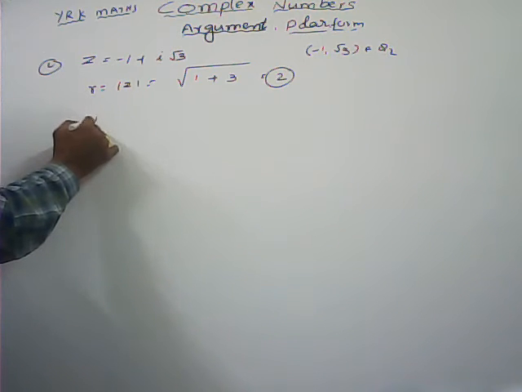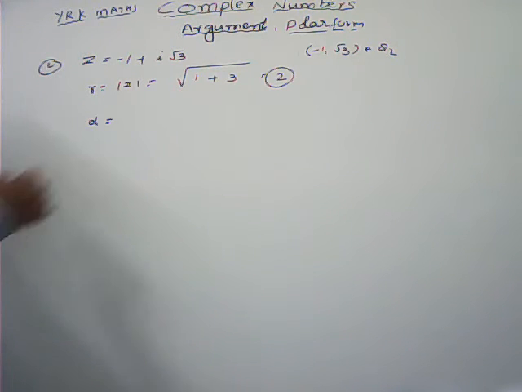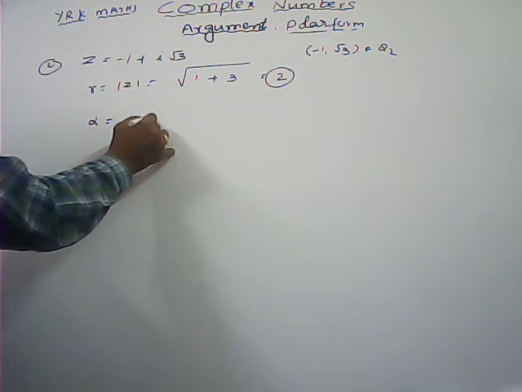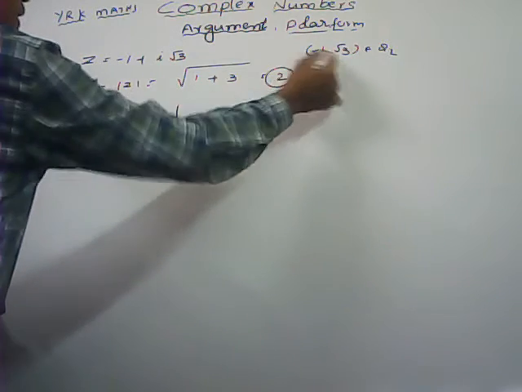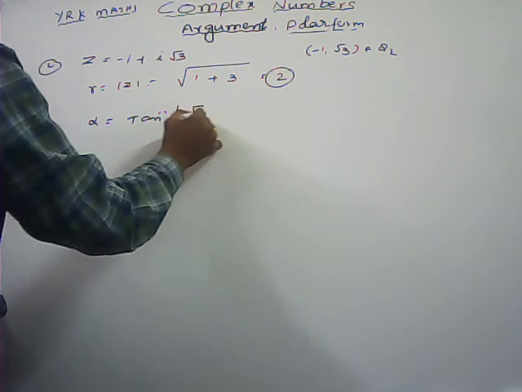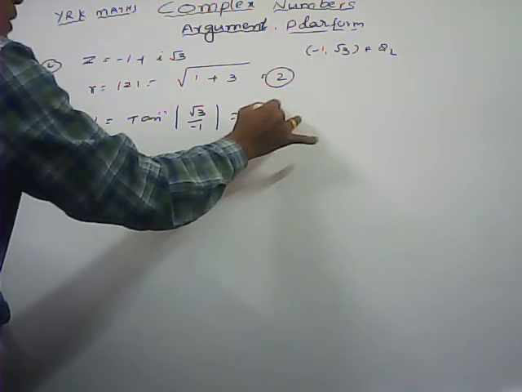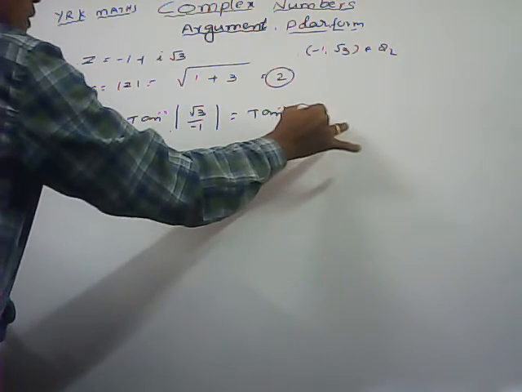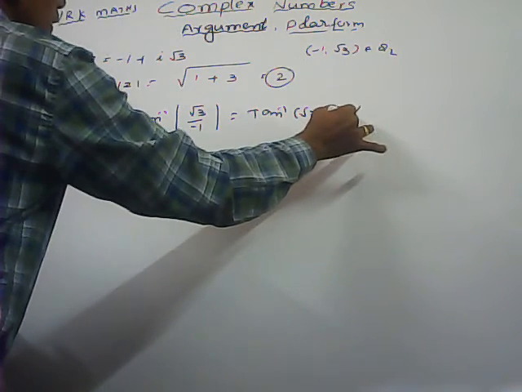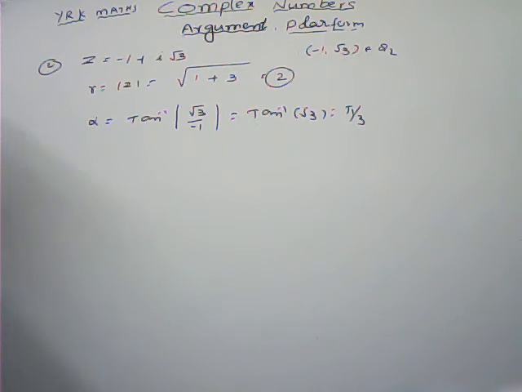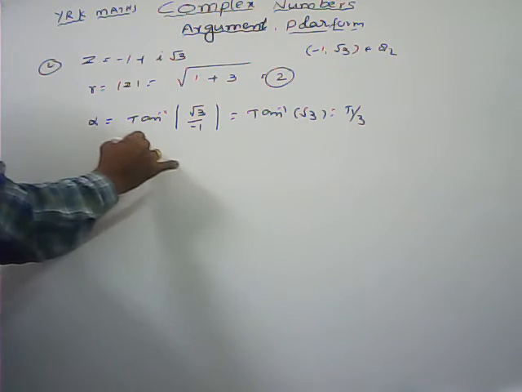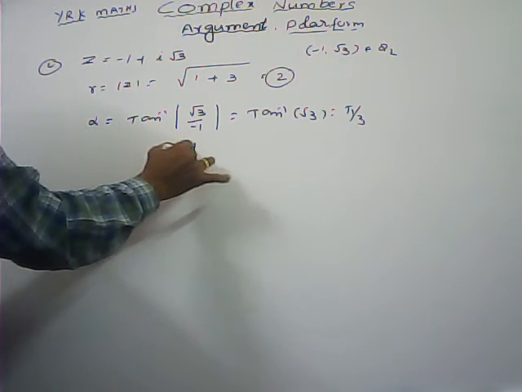And here first we find alpha, the acute angle, tan inverse modulus of y by x, root 3 by minus 1. Either it is positive or negative, we consider only the positive value. Tan inverse root 3, again that is pi by 3. So the alpha value we got is pi by 3.